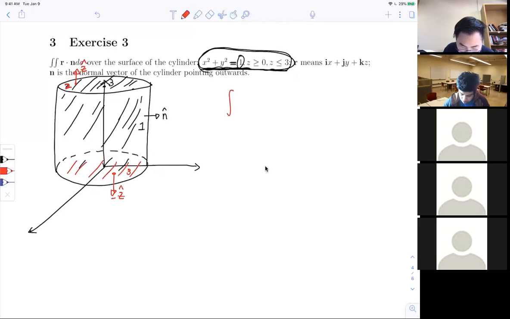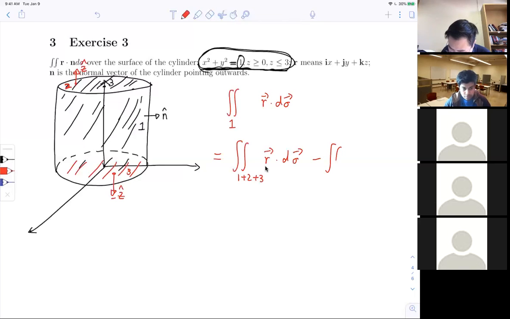Originally we have surface 1, the integral of r dot d sigma. Now we want to make a closed surface, so it's 1 plus 2 plus 3. But to make them equal, we need to minus 2 and minus 3.